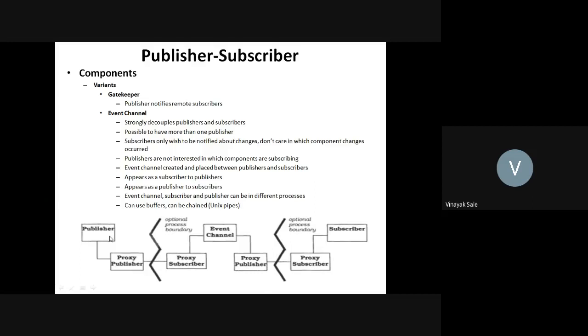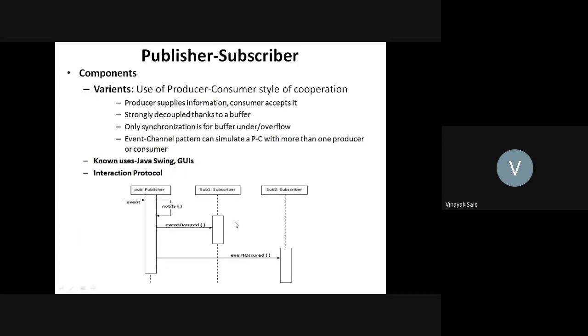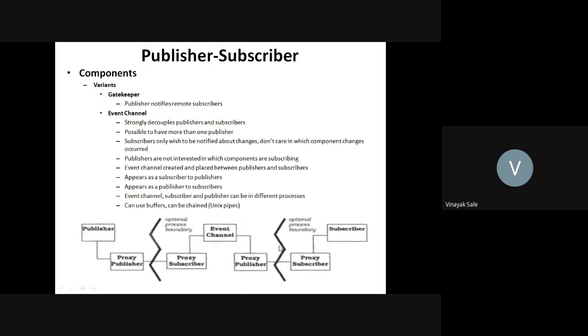So this is the diagram: the publisher, then a proxy publisher, then the subscriber, also two parts, proxy subscriber and proxy publisher. This is the event channel, then the proxy subscriber, and then lastly it goes to the subscriber.